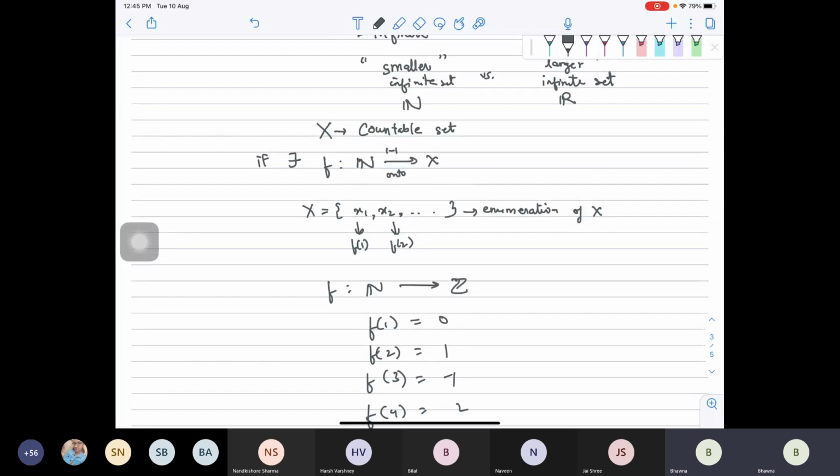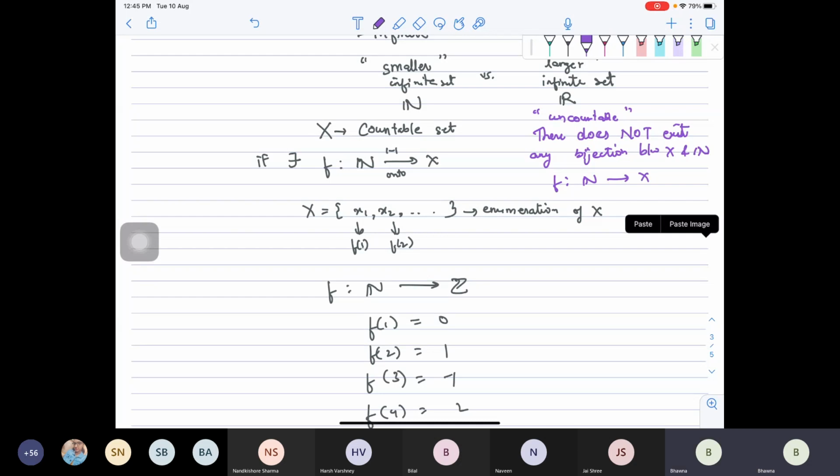Any set which was not countable was uncountable, right? If X is uncountable, this means that there does not exist any bijection between X and N. That means if I take any function from N to X, it can't be either one-one or onto.